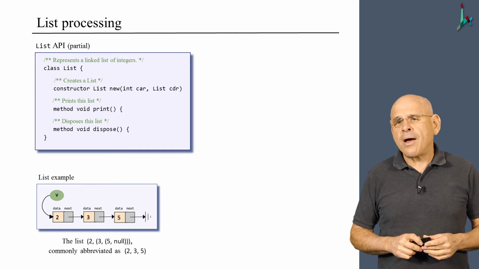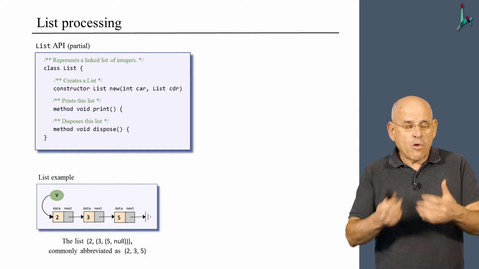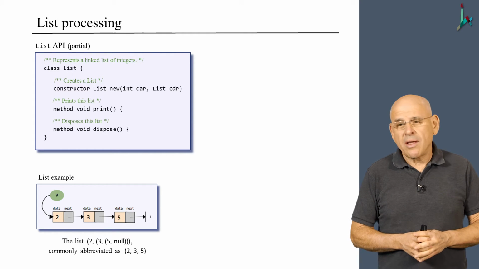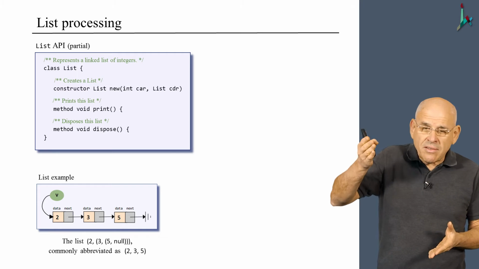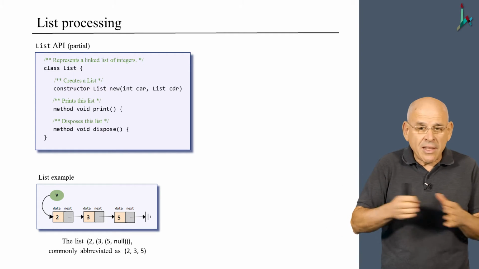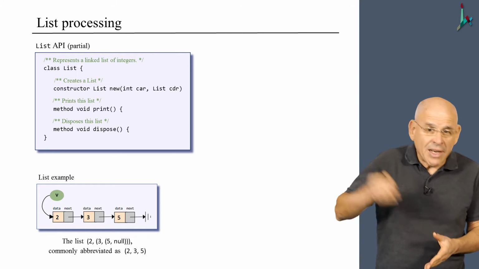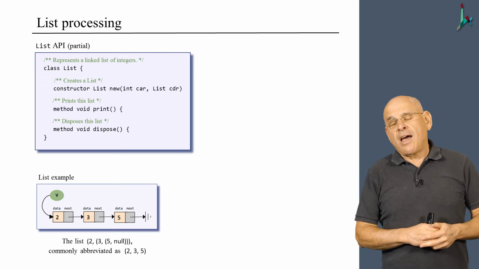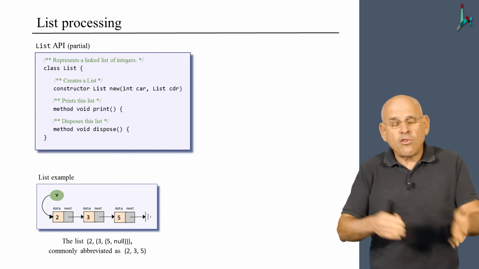All right, now obviously in reality you may want to add more functionality to this abstraction, because the whole beauty of a list is that you can insert atoms in the middle of the list as you please, or you can delete atoms from the middle or the beginning or at the end, or you can insert a list into a list, or you can traverse it from beginning to end or from end to beginning.